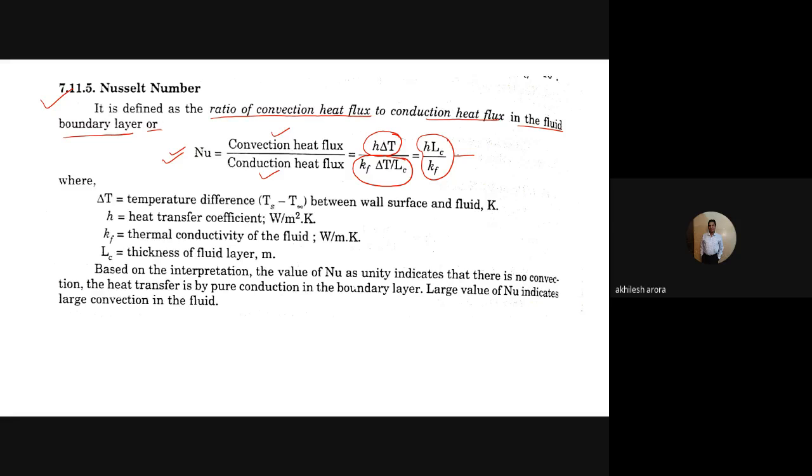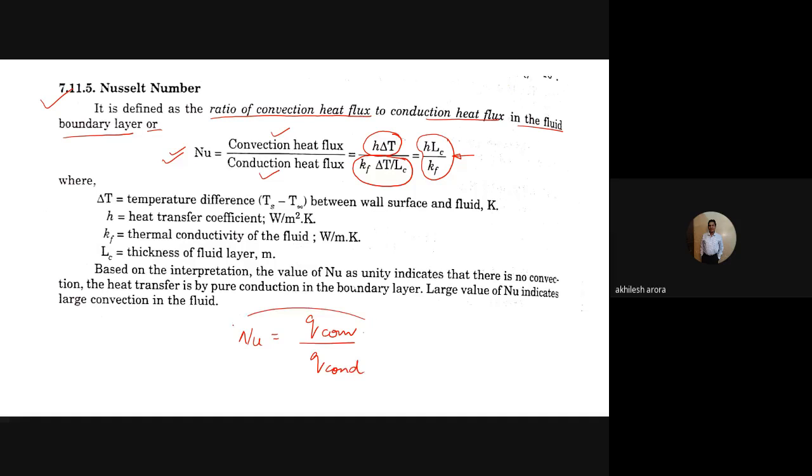We discussed this number in the practical of forced convection also, and I have explained it to you there. So it is basically the ratio of heat transfer by convection. So I can say Nusselt number can also be written as Q convection divided by Q conduction.